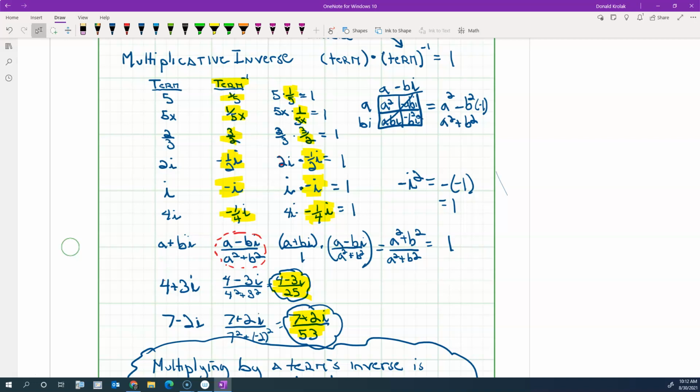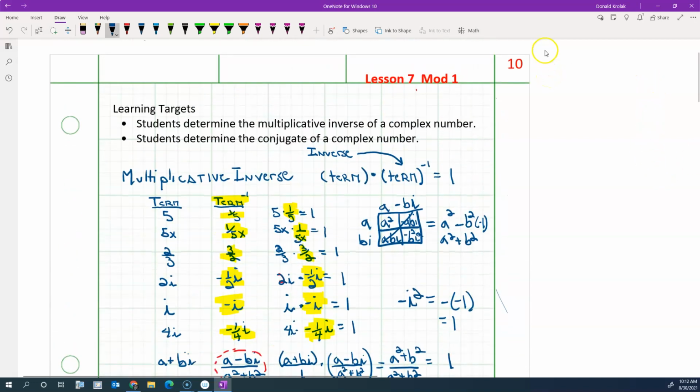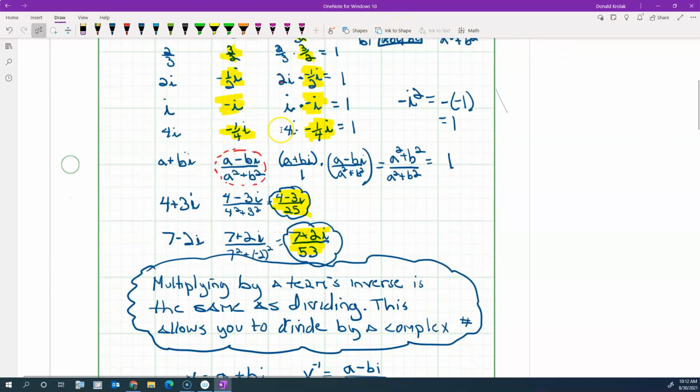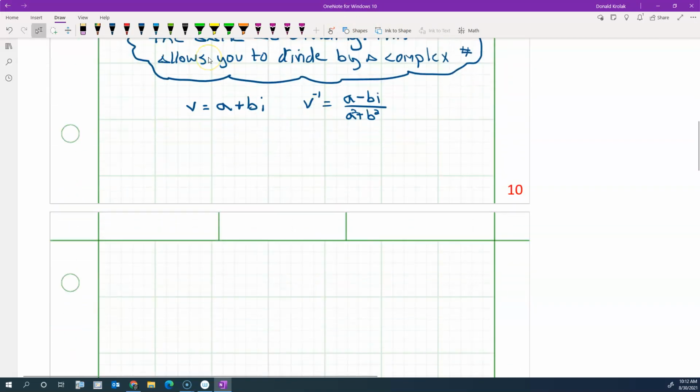Okay, now the other part is the idea of the conjugate. So we've done this, we found the multiplicative inverse, and now the conjugate of a complex number.